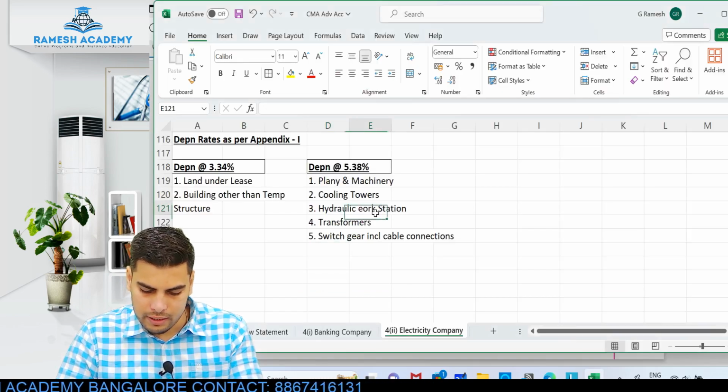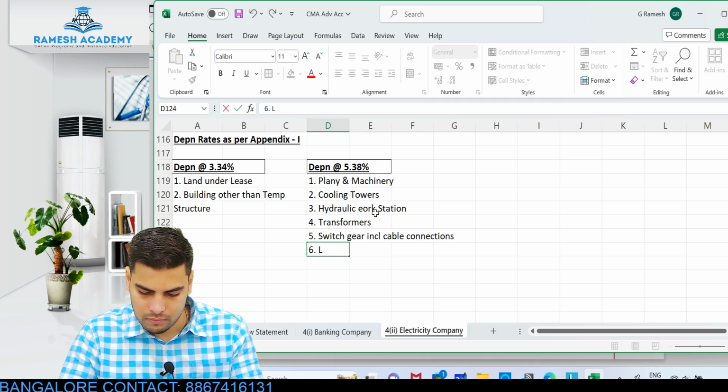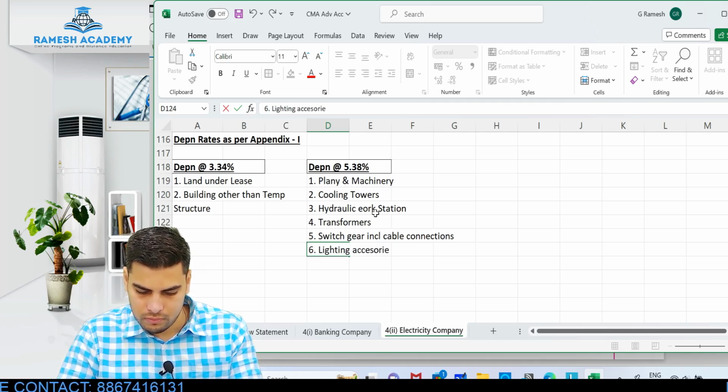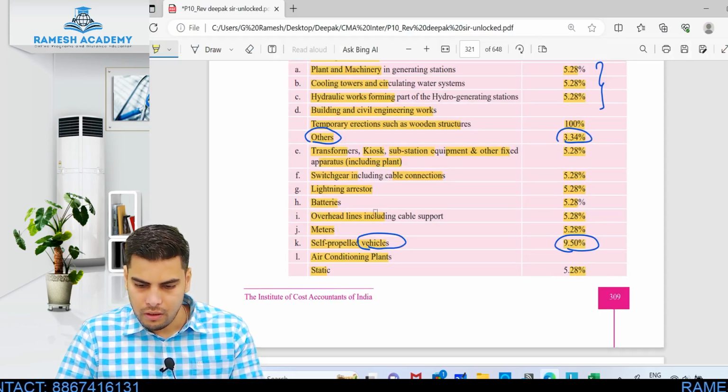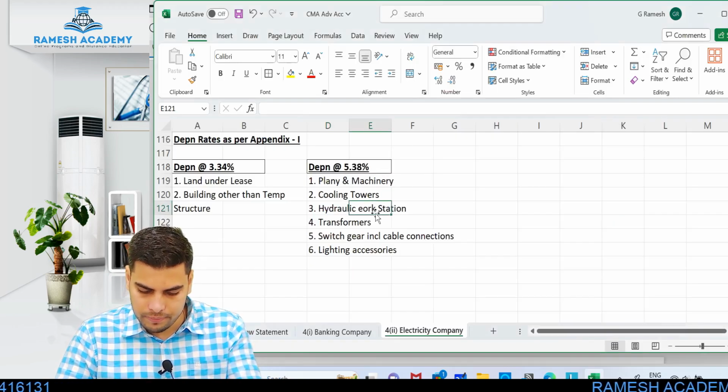Switch gear including cable connection, lighting accessories, batteries, everything else, meters.